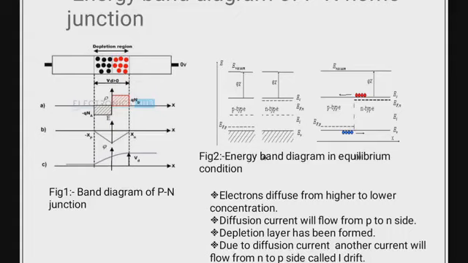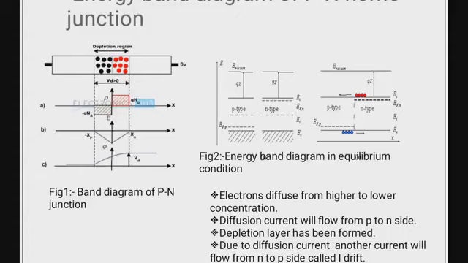I already told in the previous slide they leave some immobile ions, which are positive immobile ions denoted by the red circle, and the same thing happens for holes also. When holes diffuse from p to n side, they leave some negative immobile ions, and this movement or migration of charged particles forms a region which is called the depletion region.